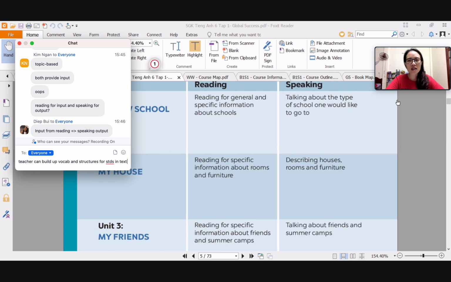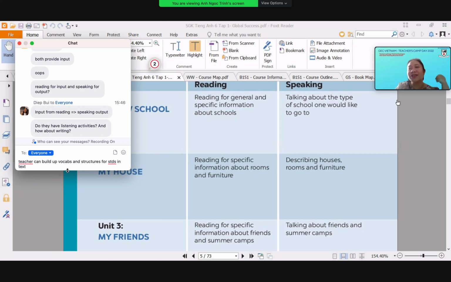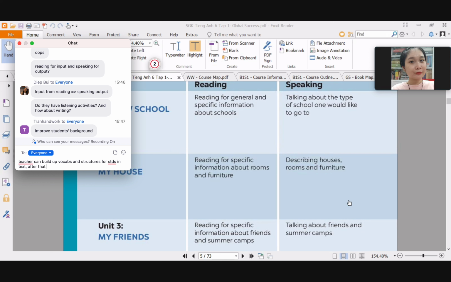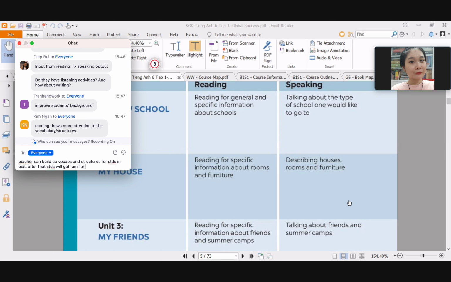Is it to check the prior knowledge of students? The listening can check the prior knowledge. It's challenging. I think maybe the listening activity is the most suitable to check students' knowledge about words.